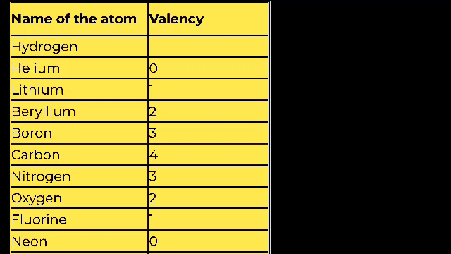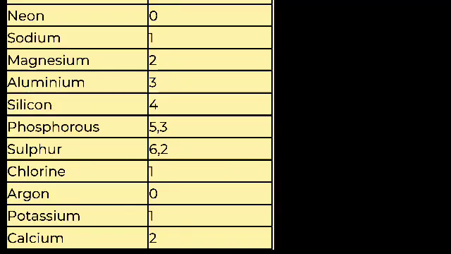How do we get the valency? When you come to higher classes, you will know how to find the valencies of elements. Now I am going to give you valencies of elements from 11 to 20. Sodium, atomic number 11, valency 1. Magnesium 12, valency 2. Aluminium 13, valency 3. Silicon has valency 4.